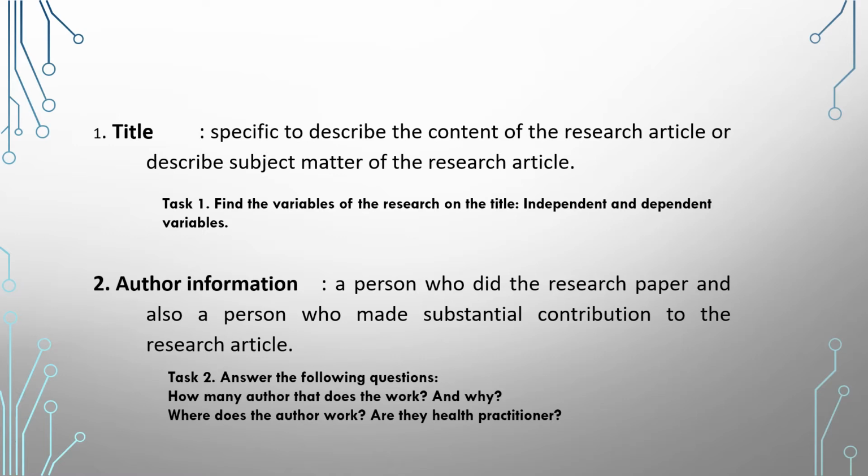They are dependent variable and independent variable. So later on, I'm going to give you assignment to analyze the research article, and you should be able to find the variables of the research on the title. Which one belongs to independent variable and which one belongs to dependent variables.